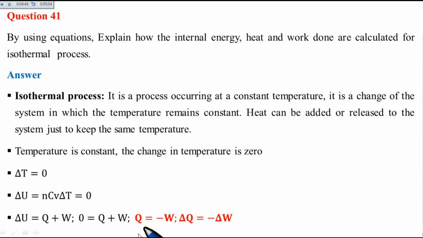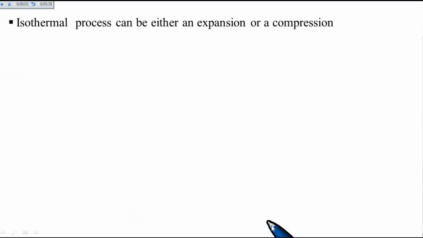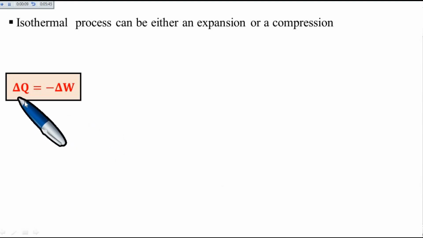When you want to calculate the heat, you should know that the heat is equal to minus the work done, or dQ is equal to minus dW, and the internal energy change is equal to zero. For an isothermal process, the internal energy is zero, the heat is equal to minus W, and delta Q is equal to negative W in differential form.